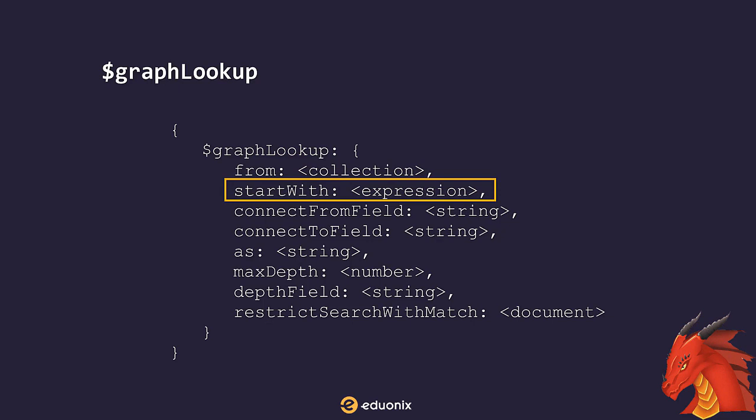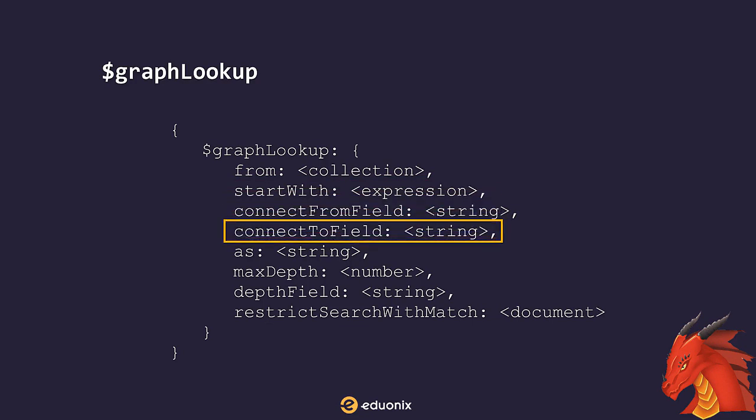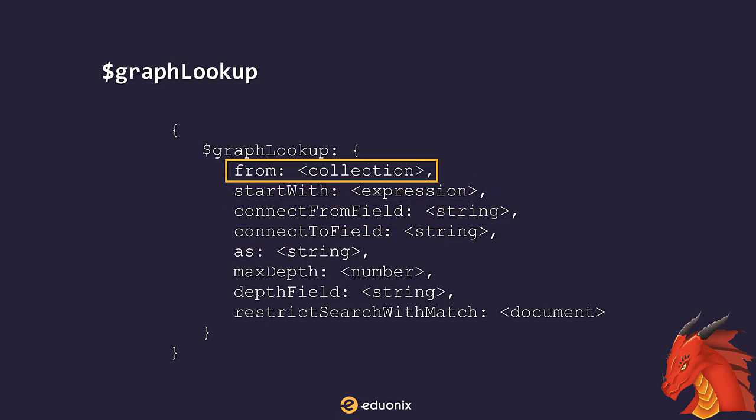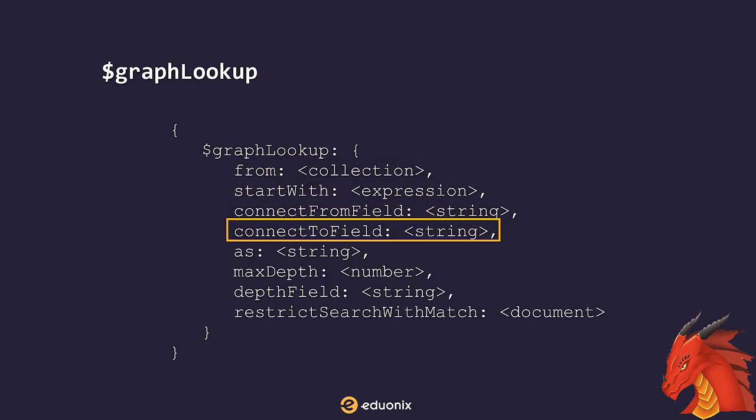In other documents in the from collection, graph lookup matches the startWith value against the field designated by connectToField. For each matching document, graph lookup takes the value of the connectFromField and uses it to check every document in the from collection. The procedure is seeking matching connectToField values.